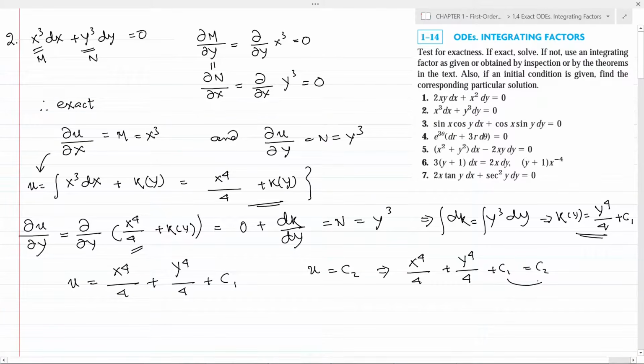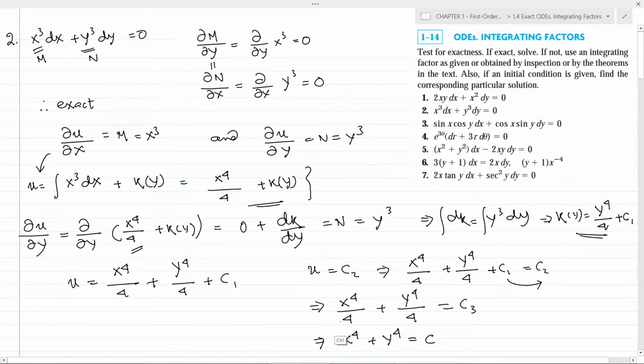We can take this C1 to the right hand side and we can write the solution as x to the power 4 by 4 plus y to the power 4 by 4 equal to, let us assume C2 minus C1 as another constant C3, and also we can write x to the power 4 plus y to the power 4 equal to, we take this 4 to the right hand side and multiply it by C3, which will result in another constant.